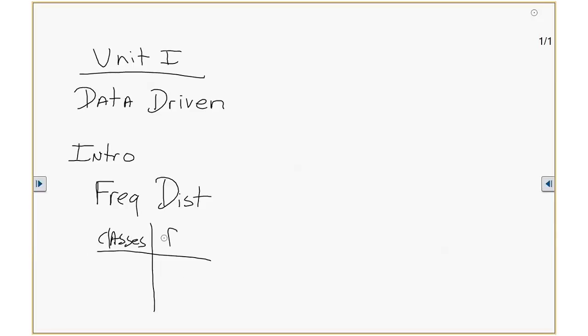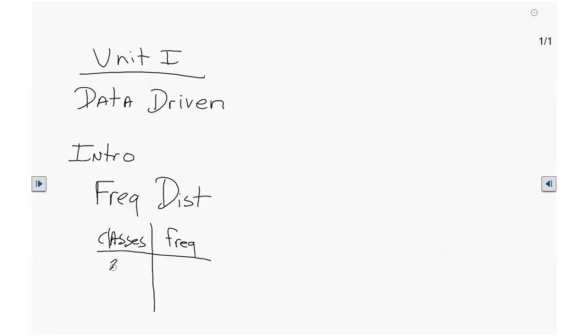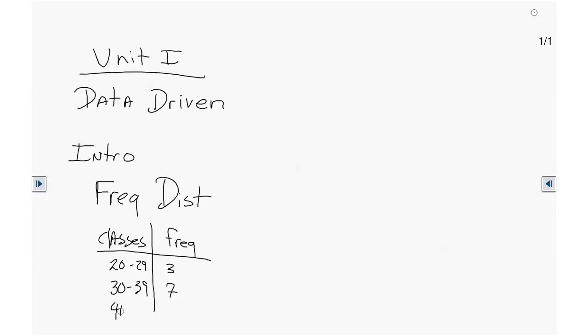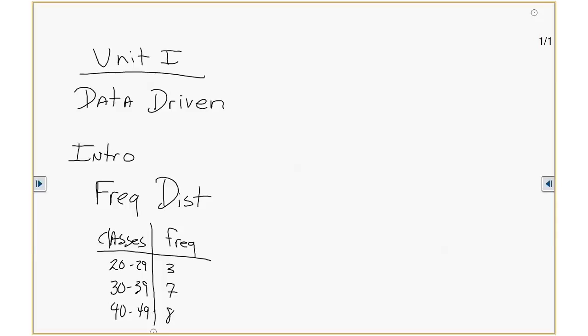Head count on the other. 20 to 29, 3. 30 to 39, 7. 40 to 49, 8. Okay, that's a frequency distribution.